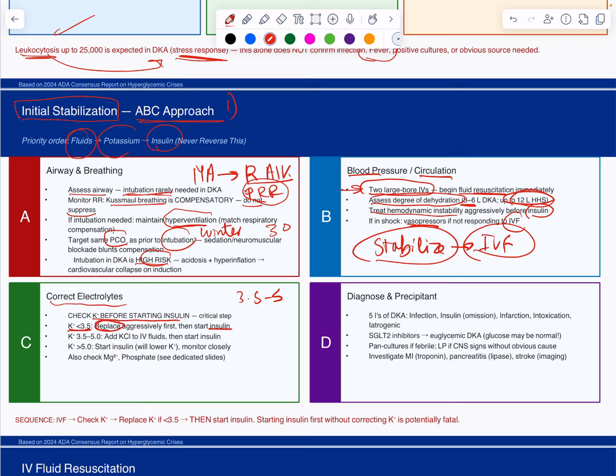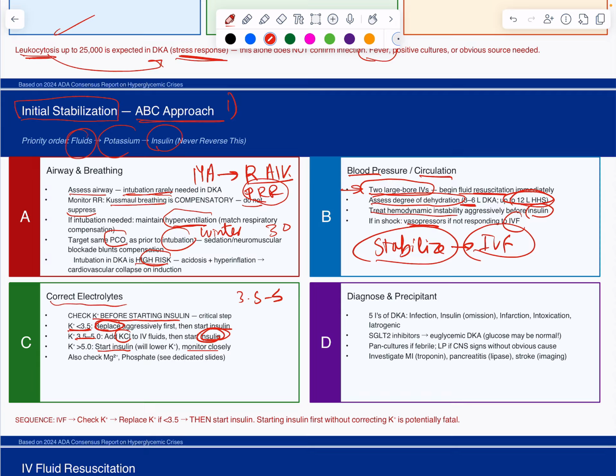If they are in the normal range, 3.5 to 5, you will start the insulin, but with the insulin, you will give potassium. So you'll give potassium chloride added to the IV fluid and give the insulin, so the three of them together. If the potassium is above 5, then you will start insulin and monitor closely, because remember, it will not stay above 5. Once you start the insulin, it will decrease the potassium.